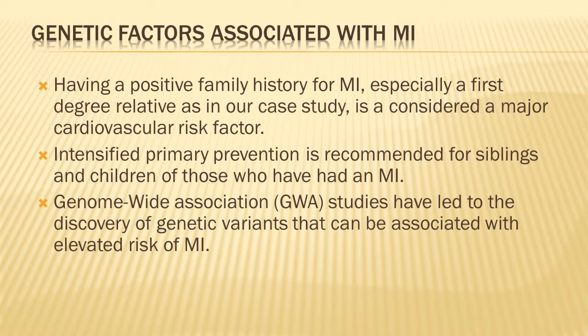Genetic factors associated with an MI are basically your positive family history, which means that if there is a positive family history, there needs to be some primary prevention for the siblings or the children, and in this case, our farmer did not do that. And then there are also gene-related elevated risk factors.